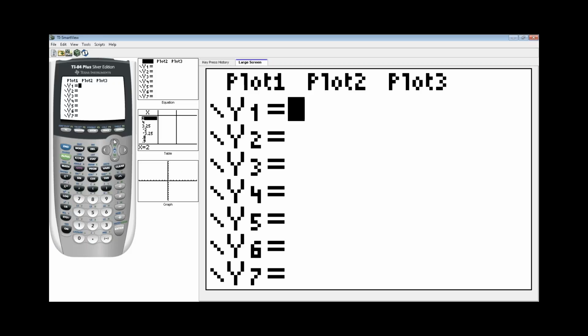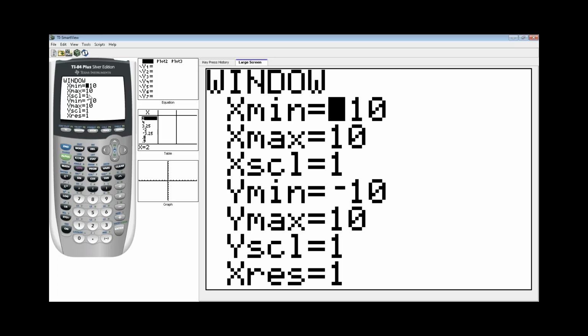First of all, make sure that your Y equals screen is cleared. You may want to set your window to the more standard window. Your x minimum is -10, the x maximum is 10, x and y scale is 1, and then the y minimum is -10, the y maximum is 10.